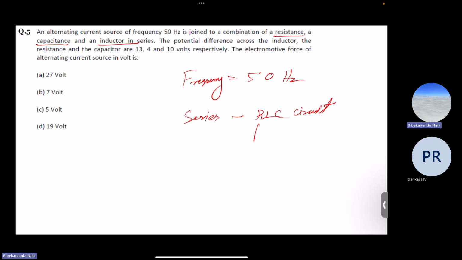So across each there will be potential drop. So VR, VL, and VC. So those values are given, and we need to find out the electromotive force of alternating current. And these are the options. So I will give a few minutes to solve this question. But before we solve this question, we will first discuss the concepts of series RLC circuit, and then we will solve this problem. So I will give you a few minutes to try this, and then we will discuss.